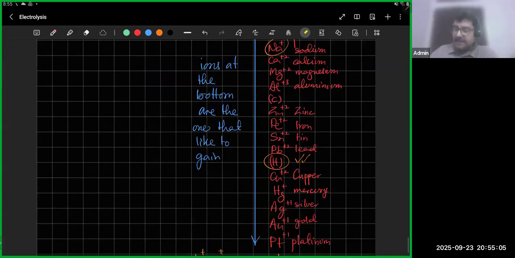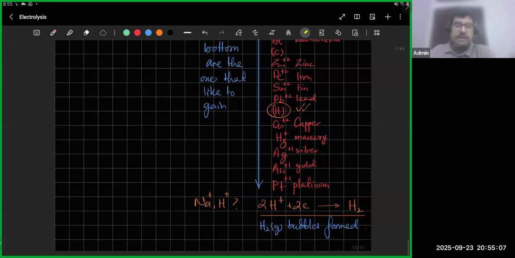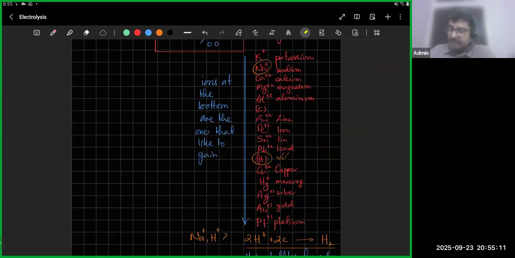So remember, in the reactivity series, especially when you're talking about ions gaining electrons, it's the bottom of the reactivity series, the elements that are unreactive, that have a very high tendency to gain electrons because they don't want to form ions. Gold does not want to form ions.